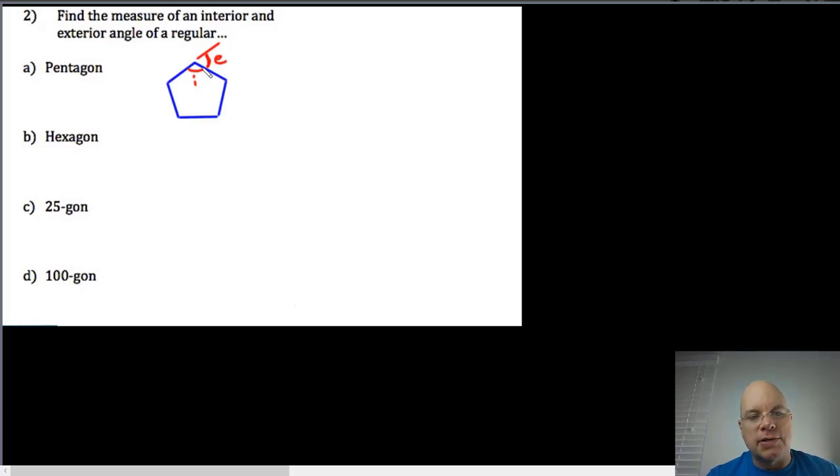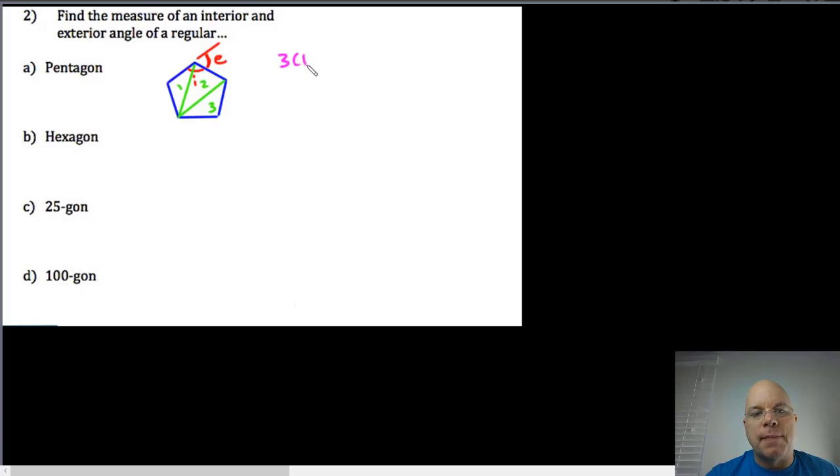There's different ways to get these angles, but one thing we did in class was pick a vertex on the figure and draw all the diagonals from that vertex. So if I draw these two diagonals, I see that my regular pentagon can be divided up into 1, 2, 3 triangles. We know the sum of the measures of the angles of a triangle is 180.